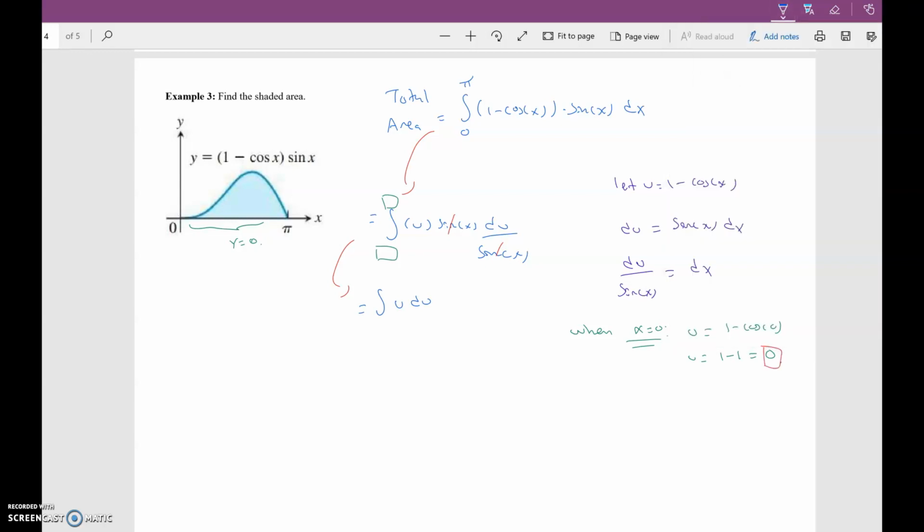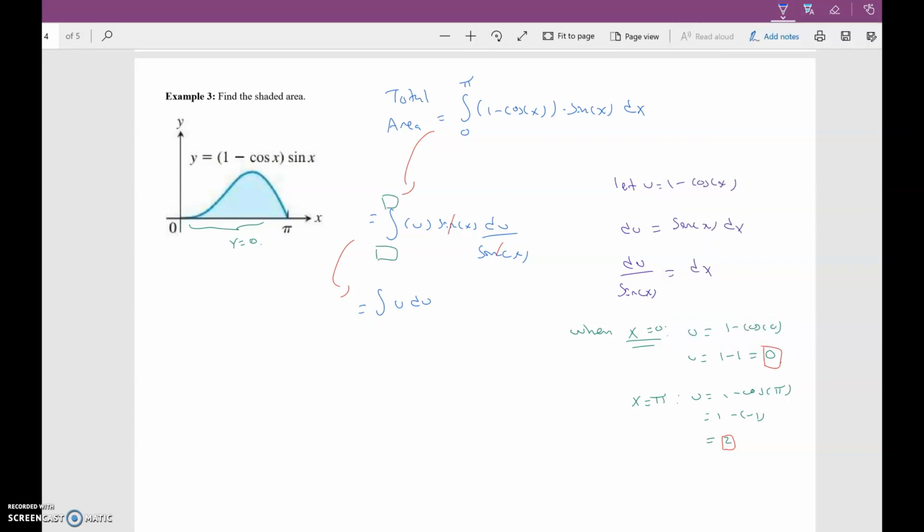And then for x is equal to pi, in this case u is equal to 1 minus cosine of pi, or 1 minus negative 1, which is going to give us 2. So the new limits of integration are going to be from 0 to 2.